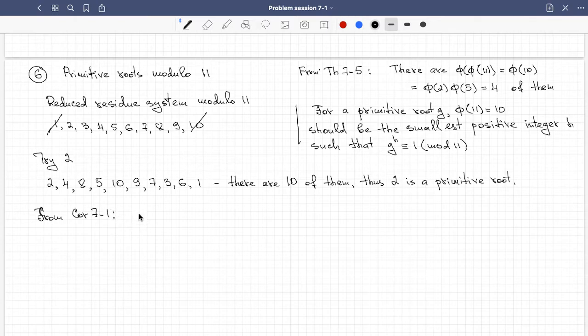We know that if G is a primitive root, G to the R is a primitive root.